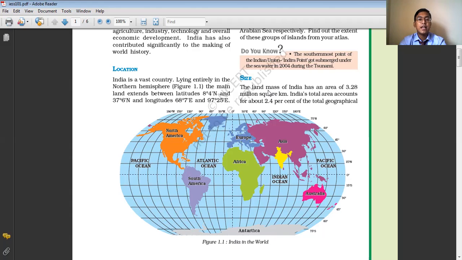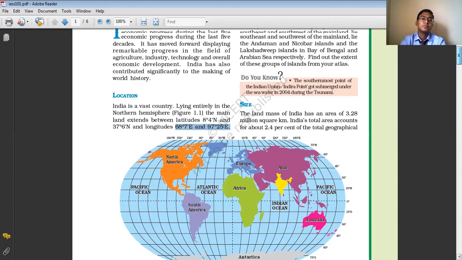This is the latitudinal and longitudinal extension of mainland India. With the help of this latitudinal location, we can easily say that India is located in the northern hemisphere, and to be more precise, in the eastern part of the world.